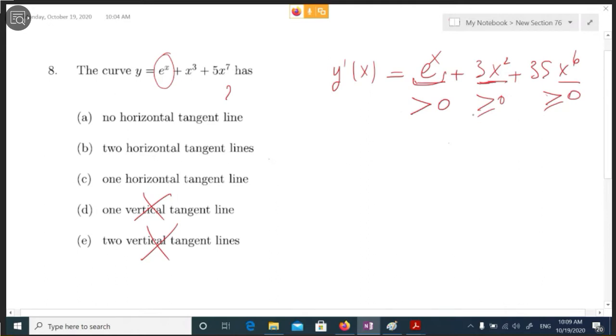So the sum of these numbers, how will it be? It will be strictly greater than 0, because one of them is greater than 0. Look, this is always greater than 0.